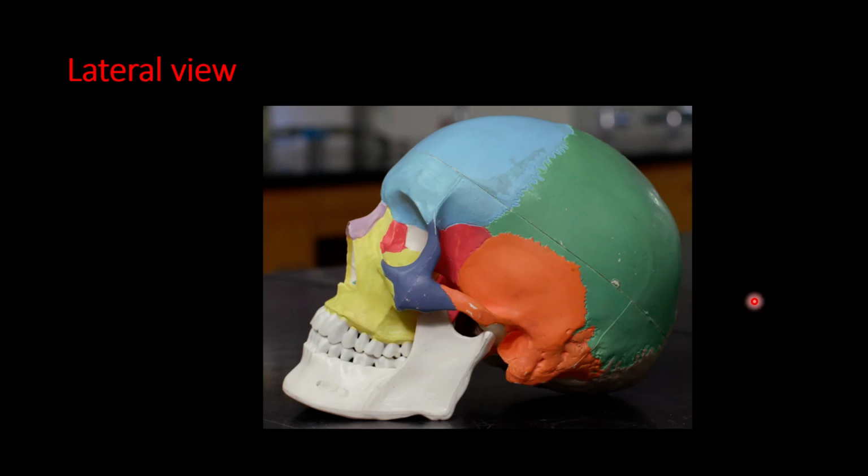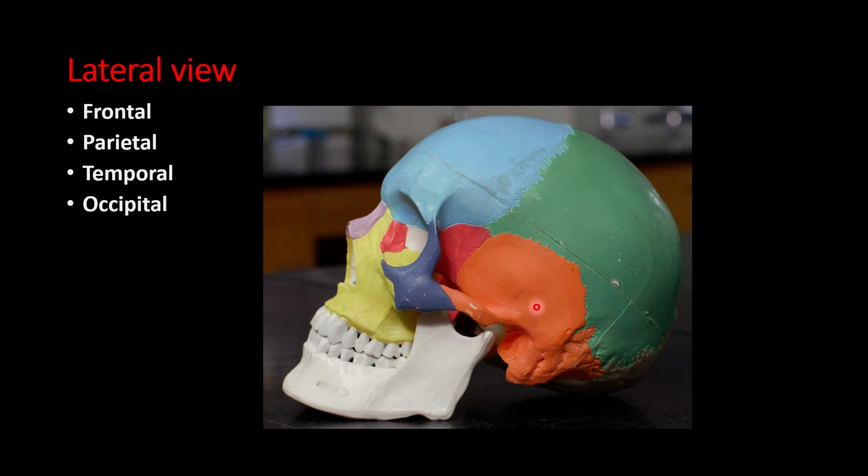So if you look at the lateral view, you have the frontal bone against the forehead area, parietal bone, posterior to that, temporal bone below that. You also have the occipital bone, this posterior to the parietal bone and temporal bone.